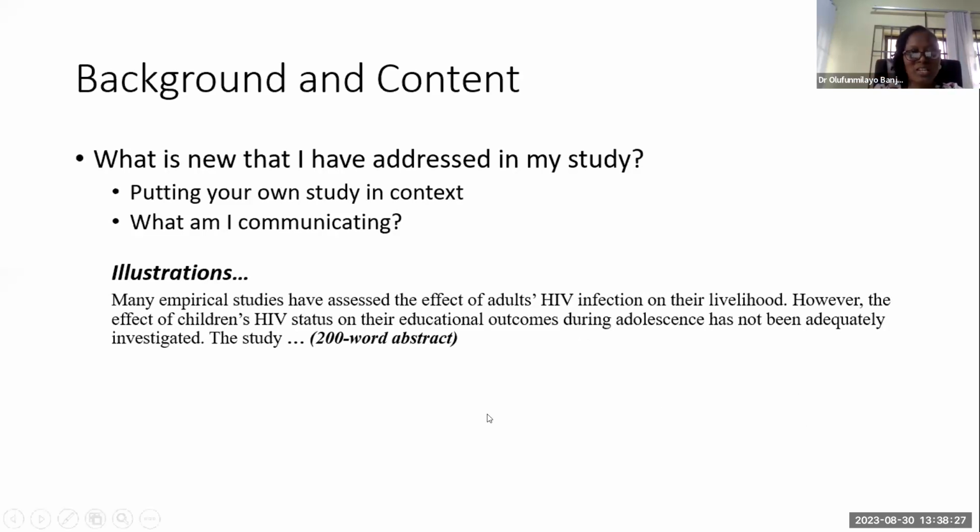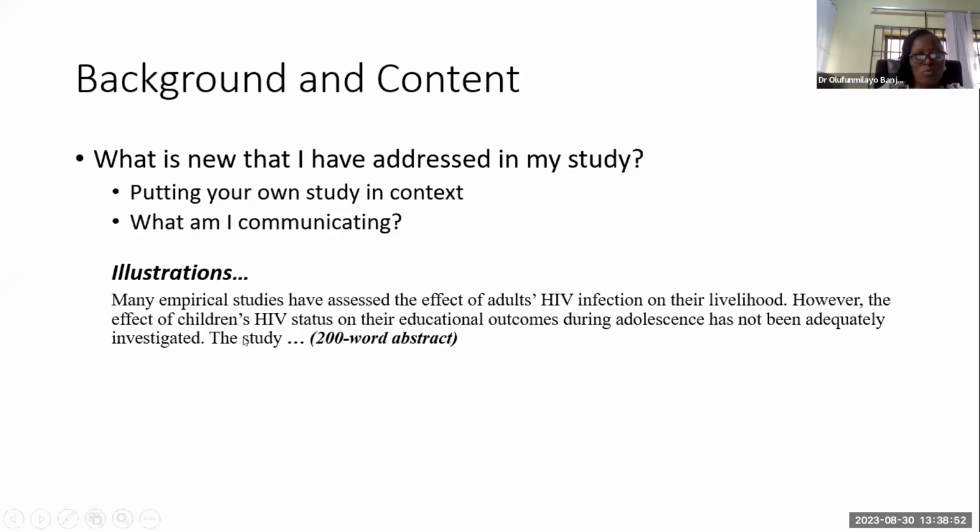The first illustration I have here says, many empirical studies have assessed the effects of adults' HIV infection on their livelihood. However, the effect of children's HIV status on their educational outcomes during adolescence has not been adequately investigated. So that is providing a background, a context to aid the new study.